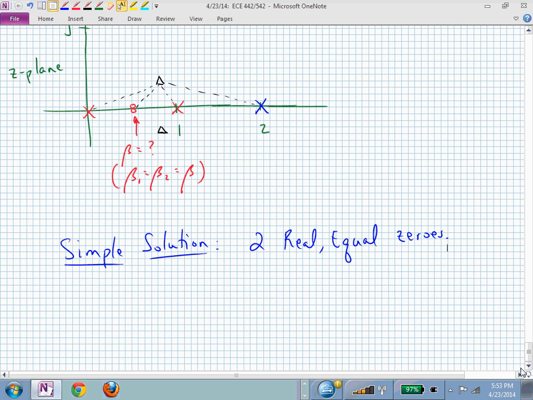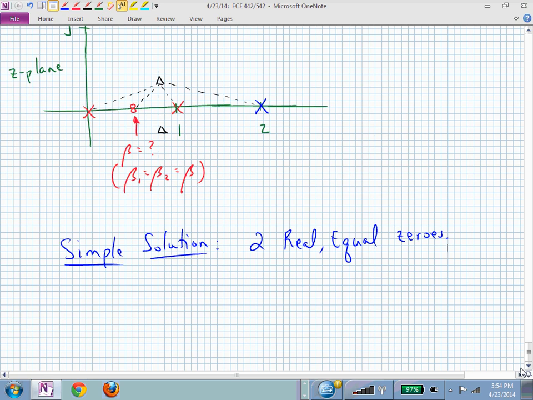We want to be able to locate those zeros where they need to be. Really what we're doing is sliding those around such that all of those angles algebraically will eventually sum to minus 180 if we want the root locus to go through that triangle. So again, we're using the phase angle condition to find this beta, where right now we're assuming both betas are right on top of each other. Beta 1 is equal to beta 2, and we'll just call it beta. Is that clear?